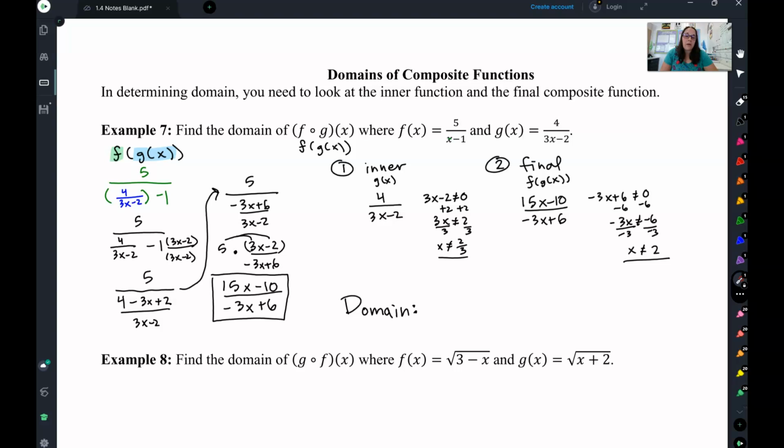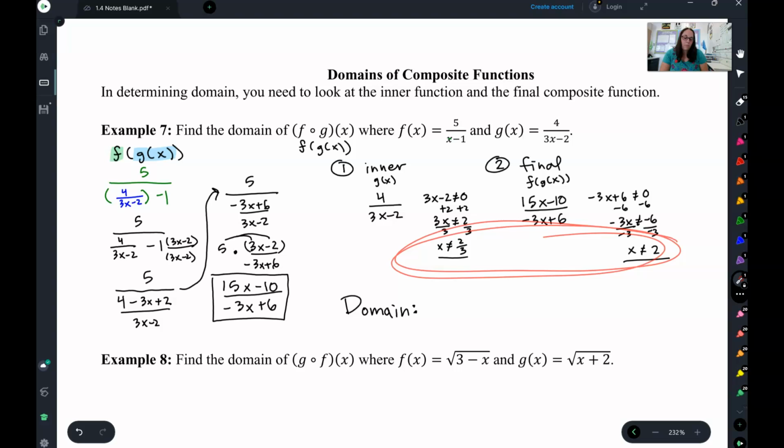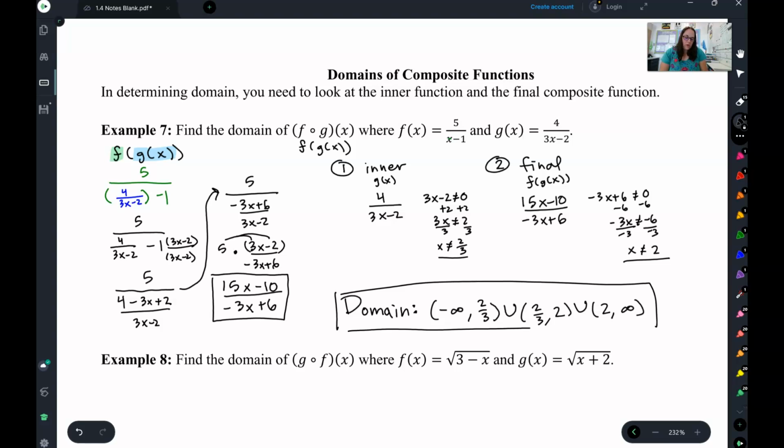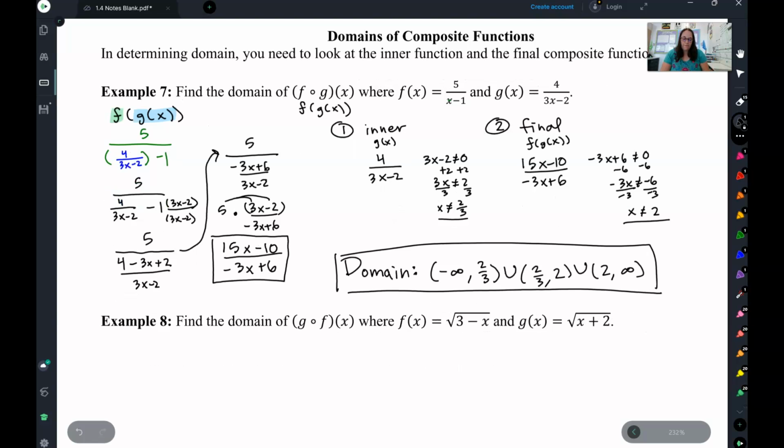So basically we're saying x can be anything except 2/3 or 2. So when I write that domain out, x can be anything except 2/3 and 2. And there's my domain. So just make sure you look at the domain of the inner and of the final.